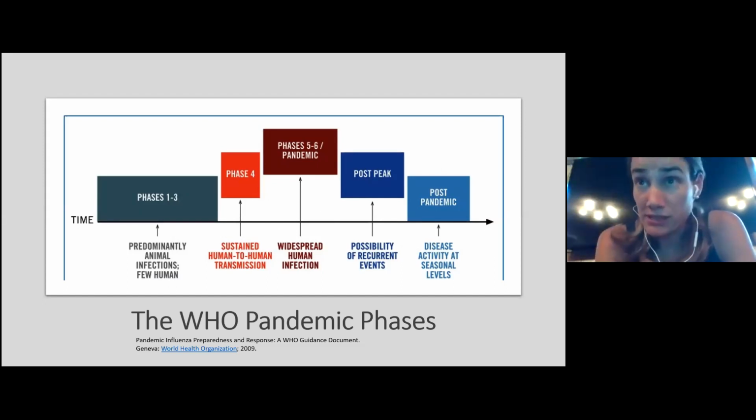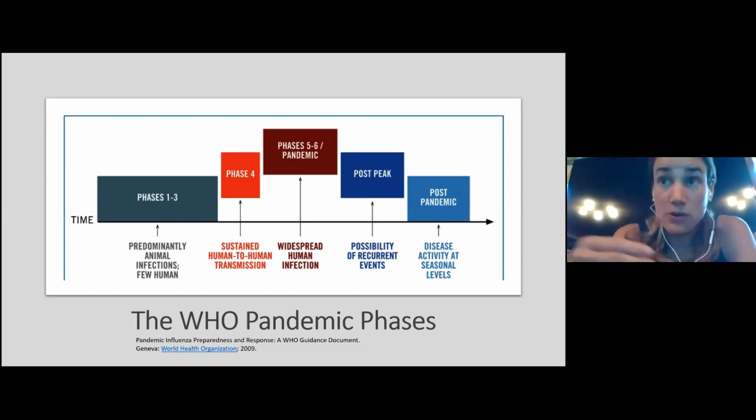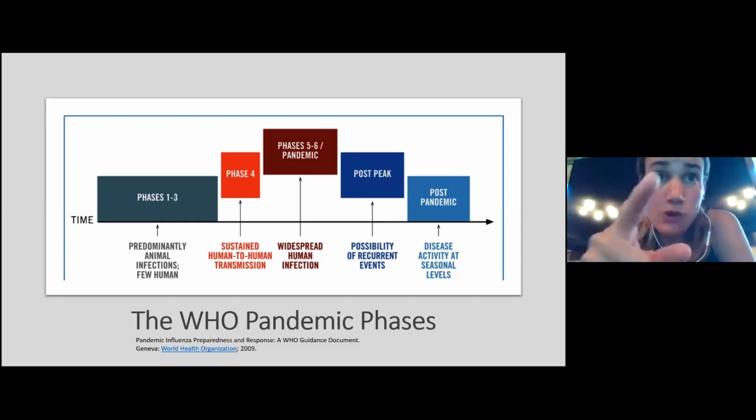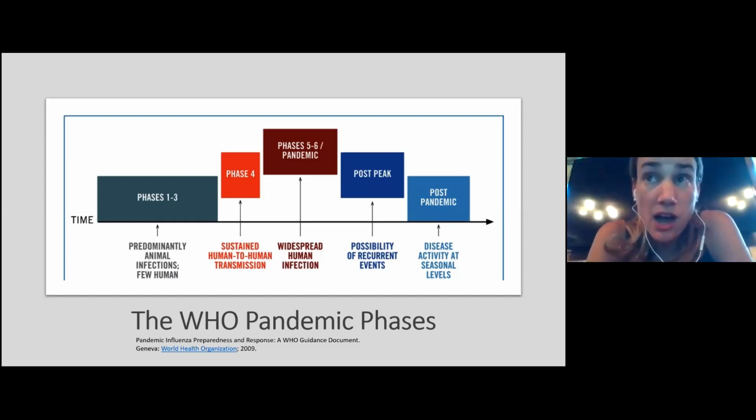Then when there's an incident, we respond, and then we need to recover and learn from the event that just occurred. So this is a cycle, and we have a preparedness phase that corresponds to phases 1 to 3 of the WHO pandemic. Phases 4 to 6 are actually the response.